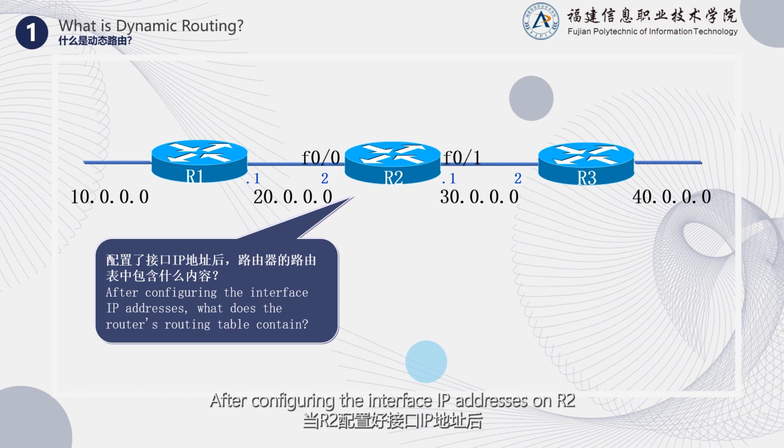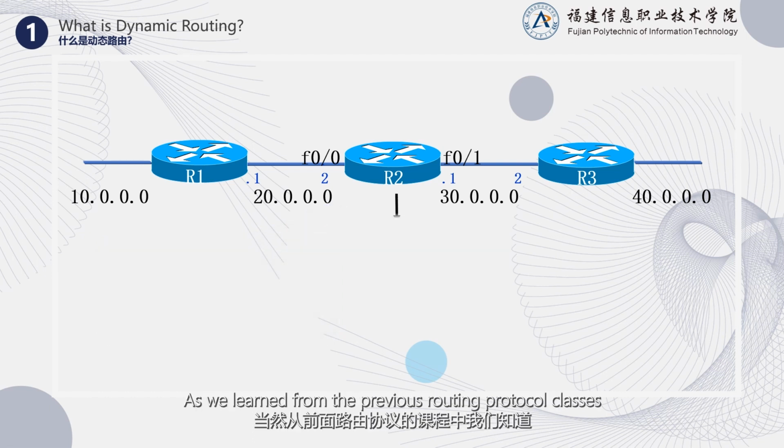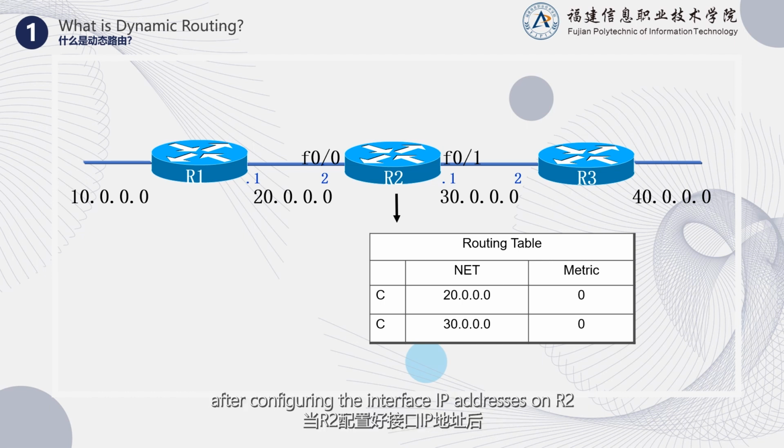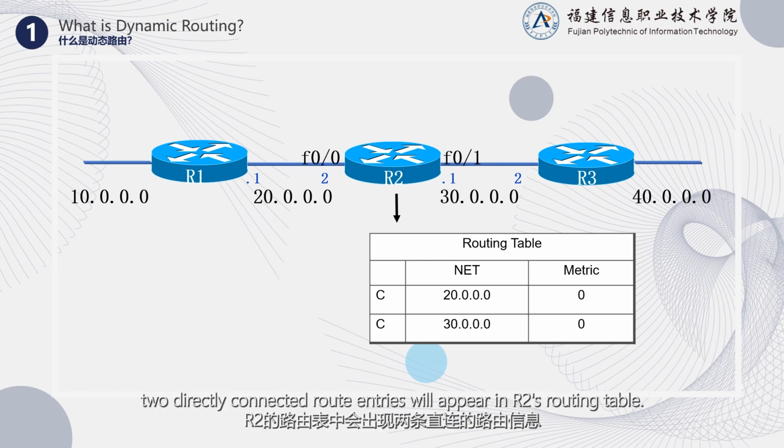After configuring the interface IP addresses on R2, what does the router's routing table contain? As we learned from the previous routing protocol classes, after configuring the interface IP addresses on R2, two directly connected route entries will appear in R2's routing table.